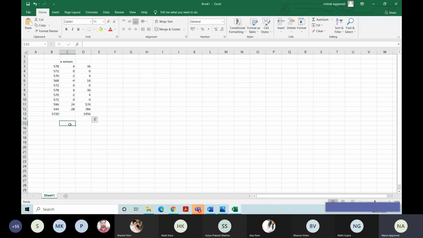So this becomes 1456. So your S becomes under root of the summation of this divided by n minus 1. So you can say 145.6. No, it is like 1456 divided by 9.